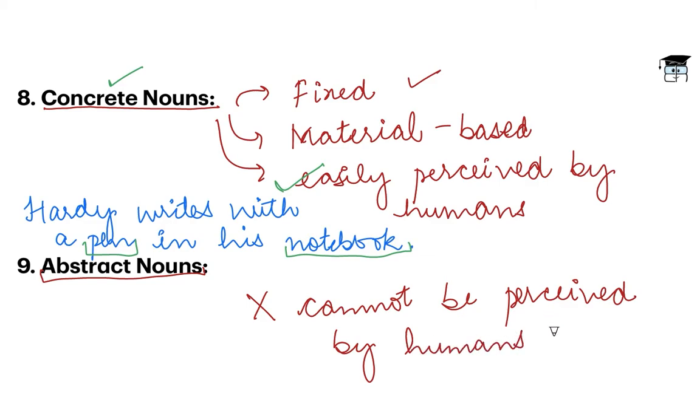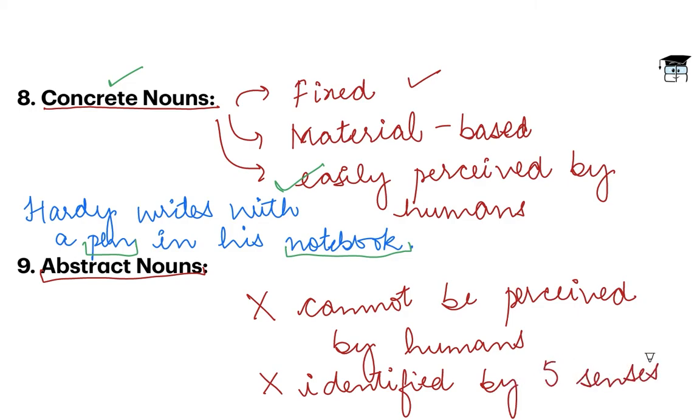Why is that? Because these nouns are not identified by the five senses. The five senses that you own cannot identify these nouns. That is why these nouns cannot be interpreted by human beings easily.